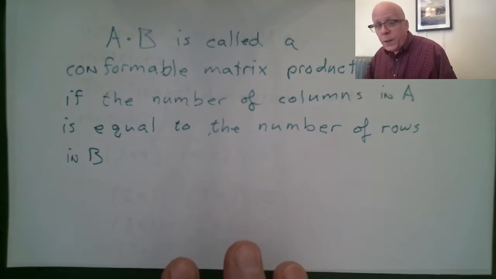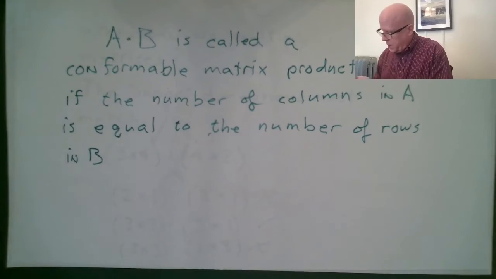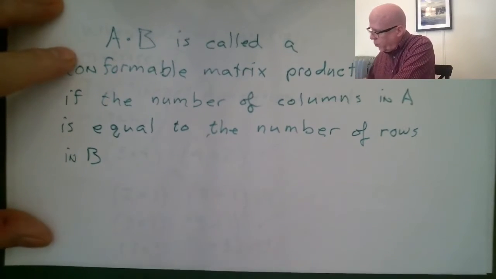So we talk about conformability, or a pair of matrices are called conformable. A times B is a conformable matrix product. What you need to have is the number of columns in A is equal to the number of rows in B. But I would like us to think of this in a different way.